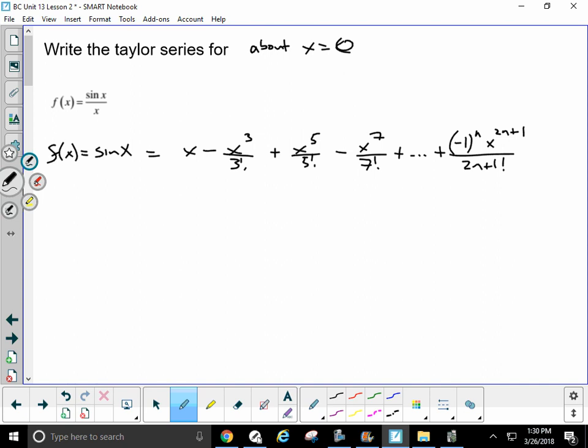Divide this by x. It's the same as taking this and multiplying that by 1 over x. You now can create an expression for the Taylor series for sine x over x by taking all of these terms and dividing them by x.